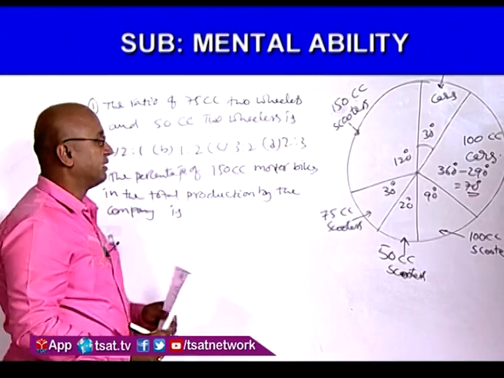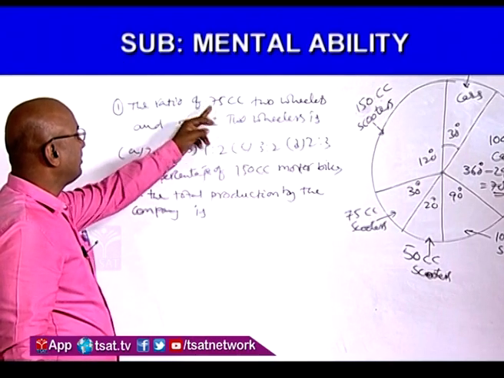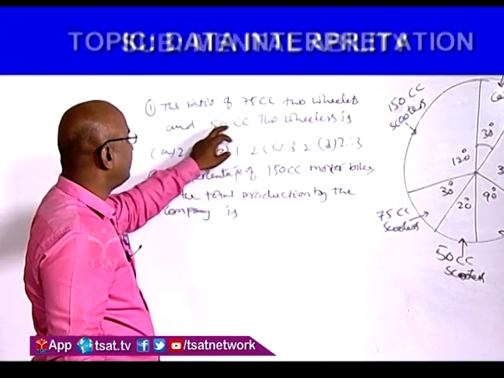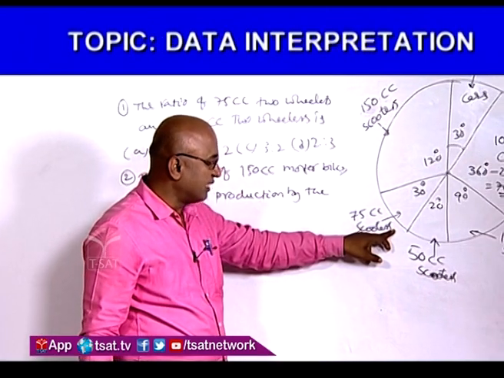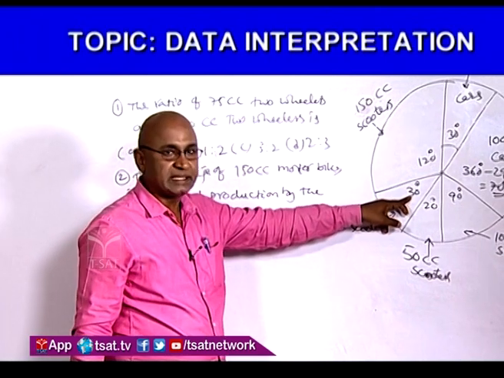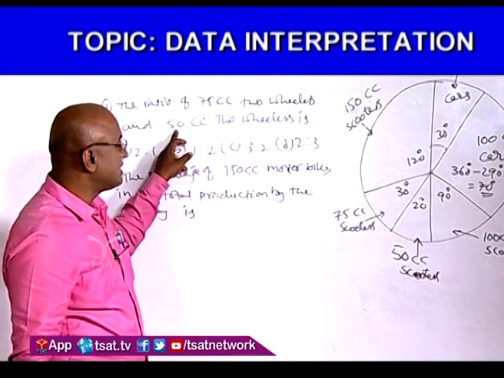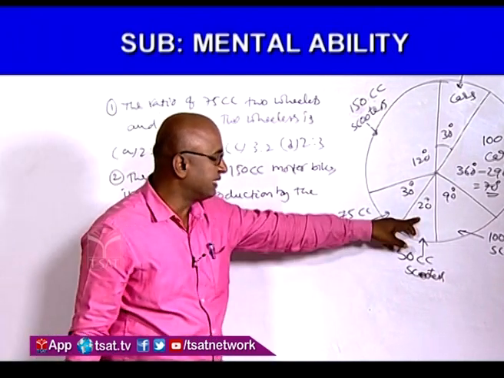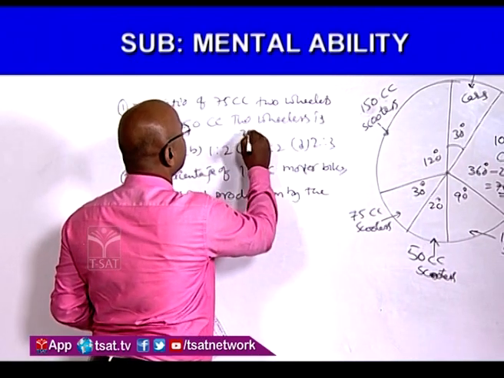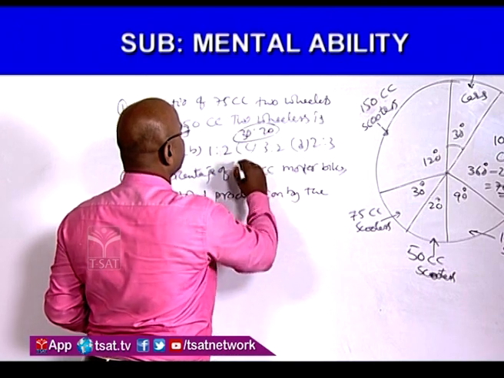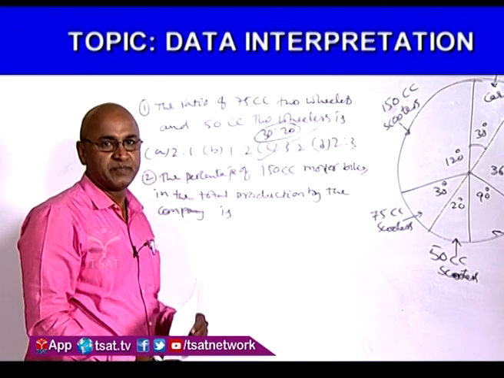Got it? Right. Now the ratio of 75cc scooters, that is 30 degrees, and 50cc scooters, that is 20 degrees. The ratio is 30:20, that is 3:2. That is the answer.